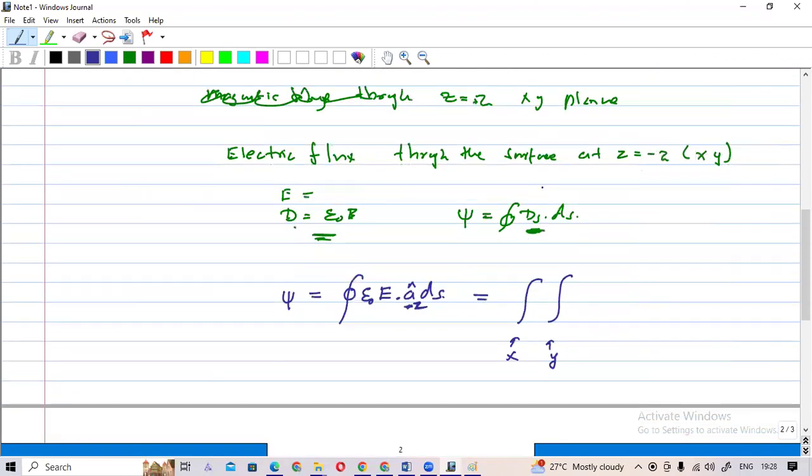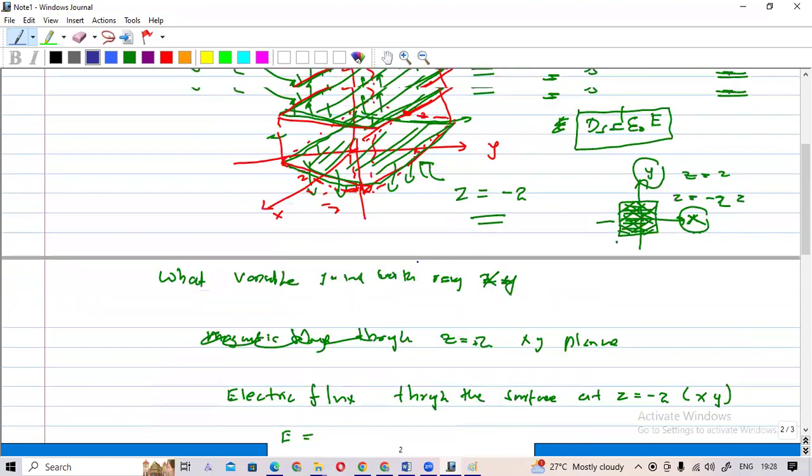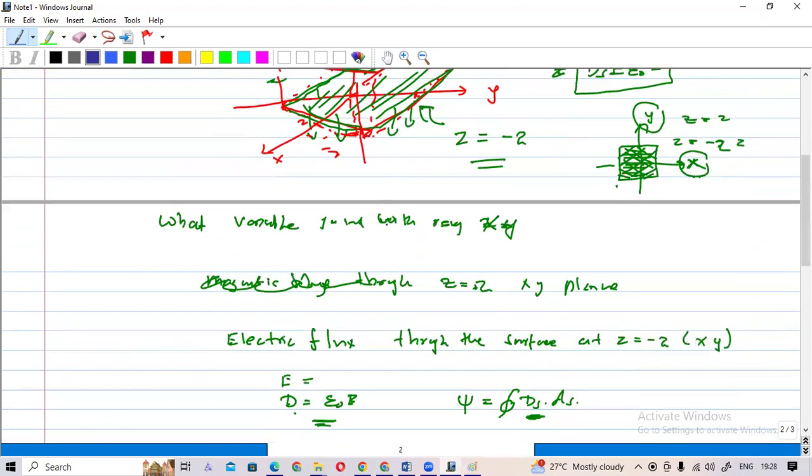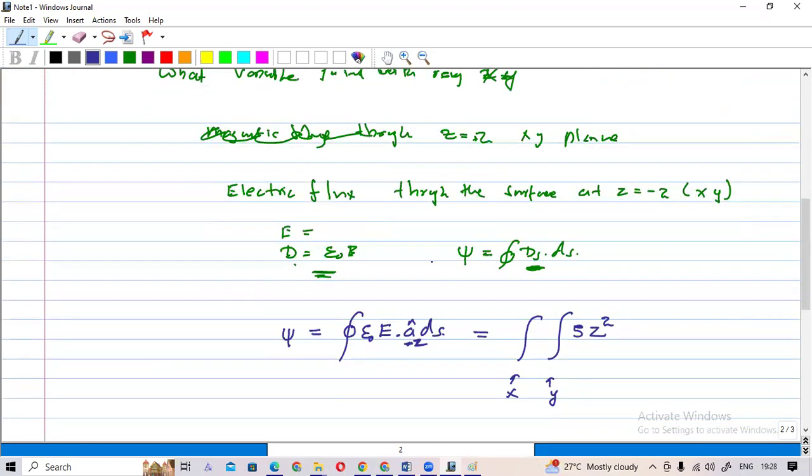You apply that function here: 5z squared, and this is the direction, a_z hat. So you need to do the integration with dx and dy.